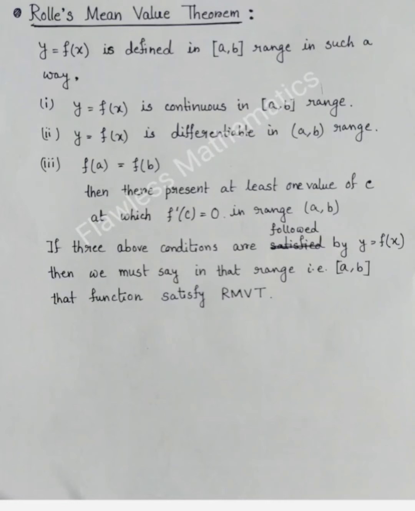If we summarize this theorem once more: if y equals f of x satisfies three conditions, that y equals f of x is continuous in the closed interval a comma b, y equals f of x is differentiable in the open interval a comma b, and f of a equals f of b, then there is at least one value of c at which f dash c equals 0 in the open interval a comma b.